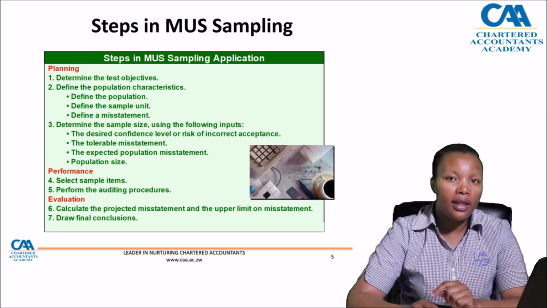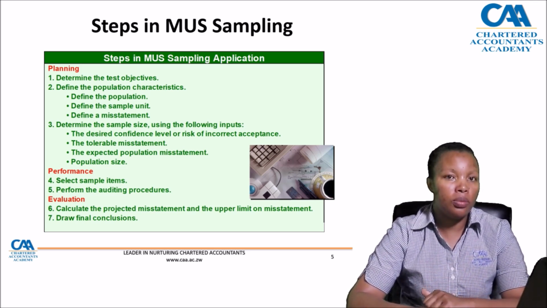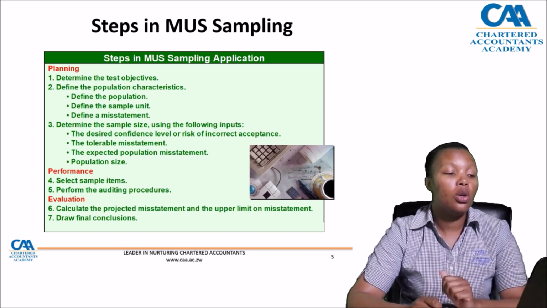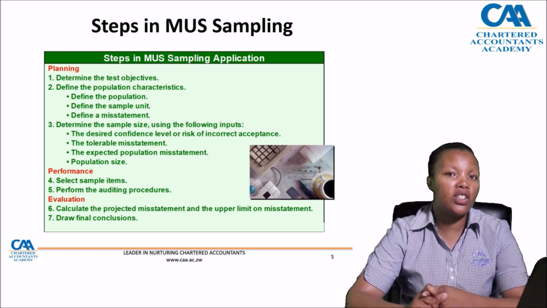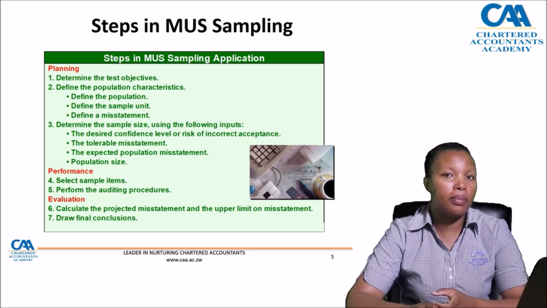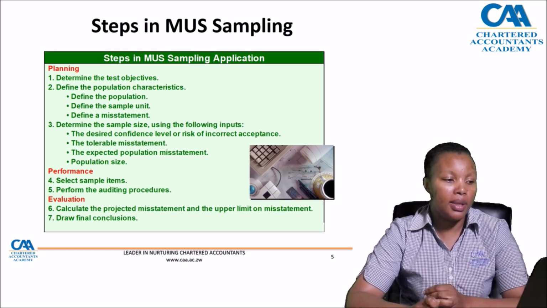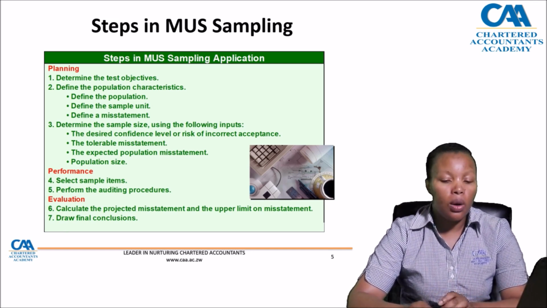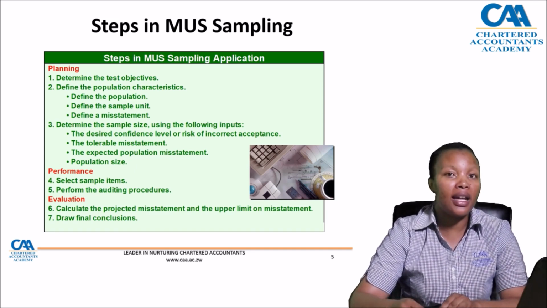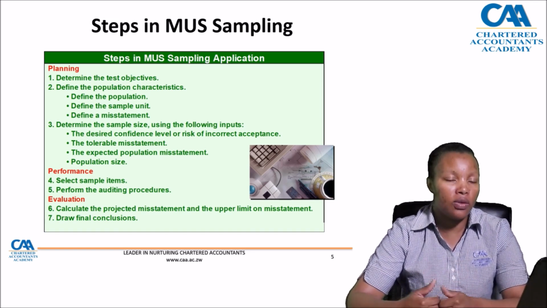And then we define the population characteristics, just as we did in attribute sampling. In defining the population characteristics, you also define the population. After defining the population, you define the sample unit and you define the misstatement. So now we're defining the misstatement instead of defining the deviation, as we called it in attribute sampling with test of controls.